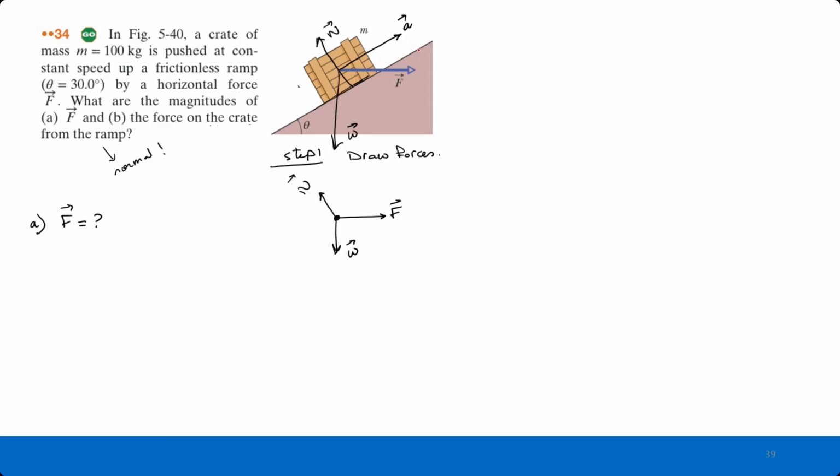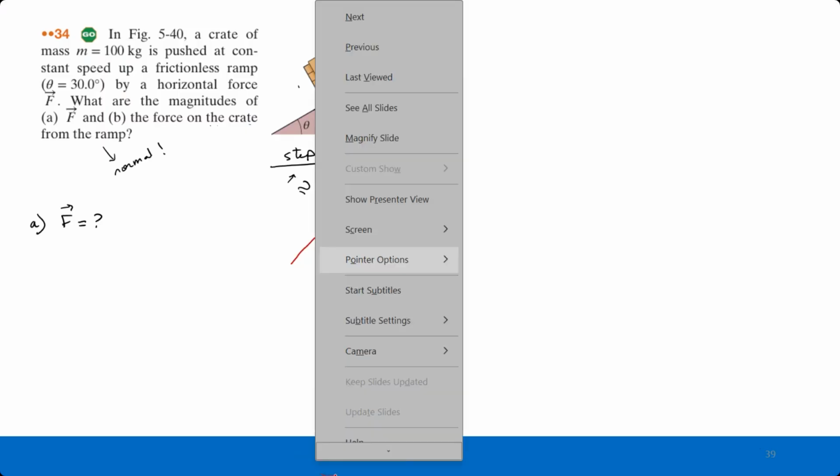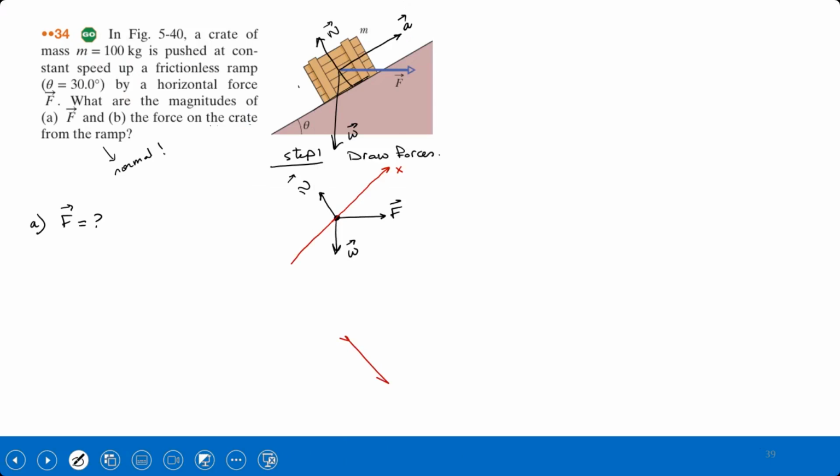Now, when I have an inclined plane, I like to draw the axes to be along the incline. This is step 1. Step 2 is to find the X and Y components.